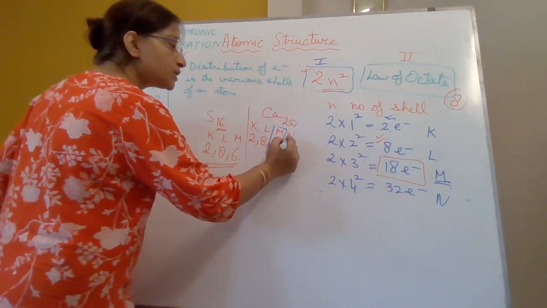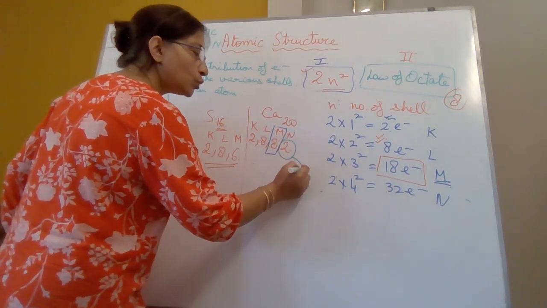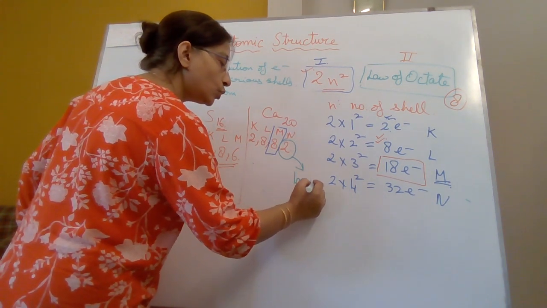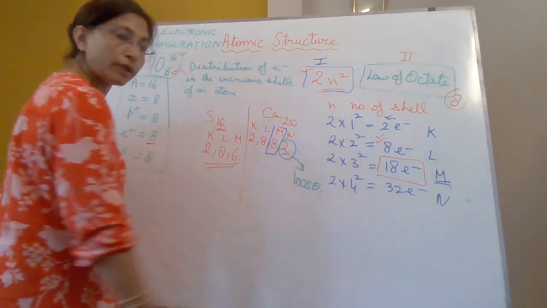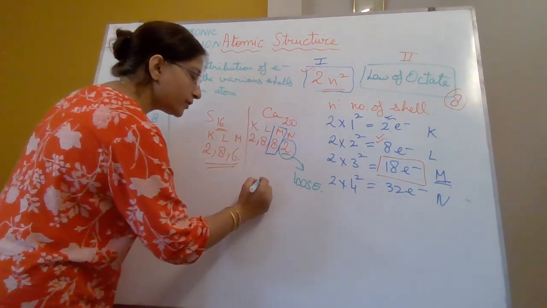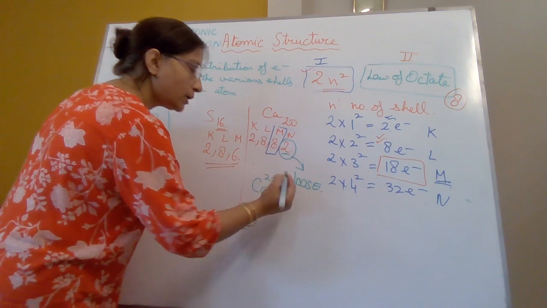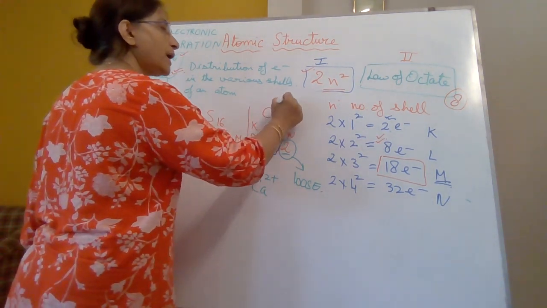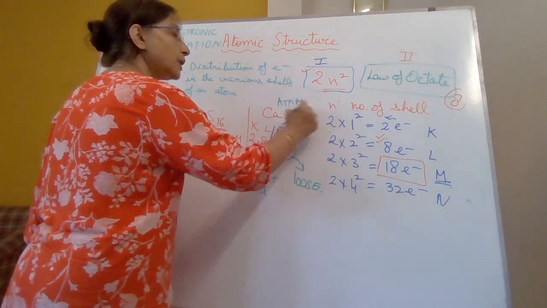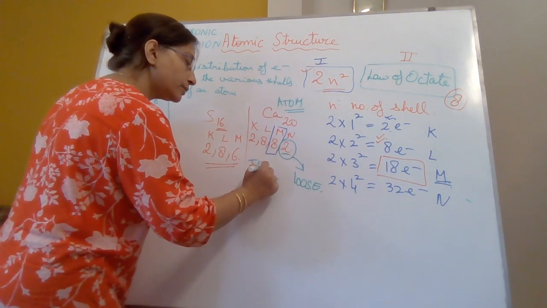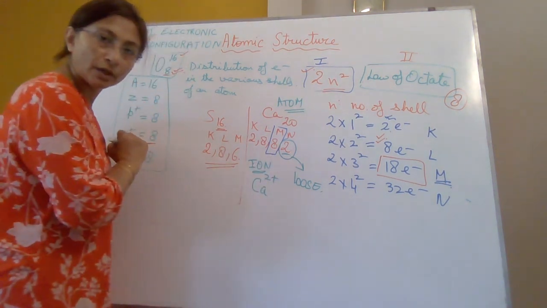So in case of calcium, what will happen? The calcium is going to lose its 2 electrons, and in the process this calcium will become Ca2 positive. That means the calcium atom now will become a calcium ion, right?